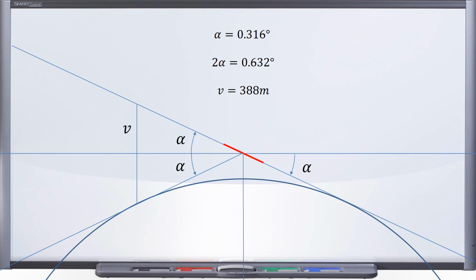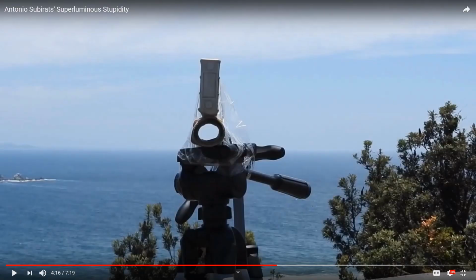We'll call that V, and it just works out to about 388 meters. So do you think we are looking at something 388 meters above the water? Does that seem believable? Without any kind of reference, it's still kind of hard to say. But I'm starting to say this falls into the realm of believability.